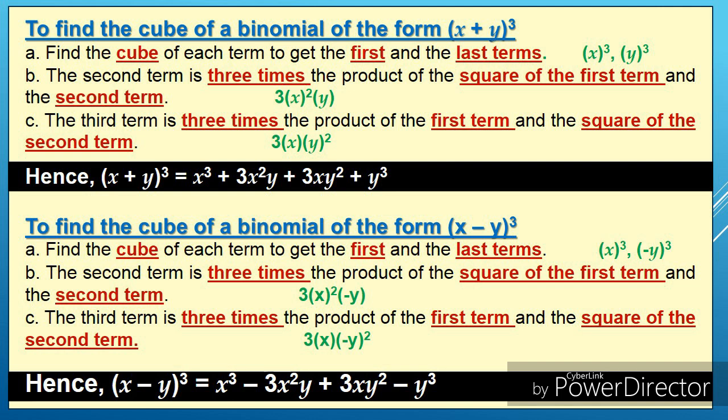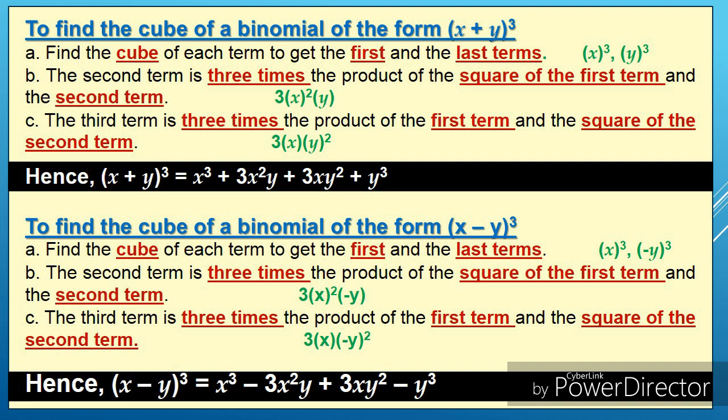And for the second one, to find the cube of a binomial of the form, the quantity of x minus y cubed. Okay, letter A, find the cube of each term to get the first and the last terms. That is x cubed and negative y cubed. And letter B, the second term is 3 times the product of the square of the first term and the second term.